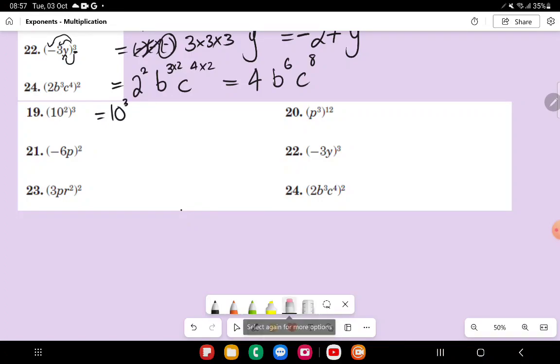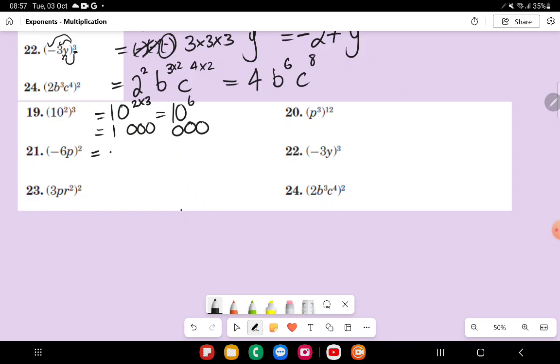Sorry, I did that wrong. We have 10, 2 times 3, which gives me 10 to the power of 6. I can input that into my calculator. 10 exponent 6 gives me a total of 1,000,000. That is 1 and 6 zeros.